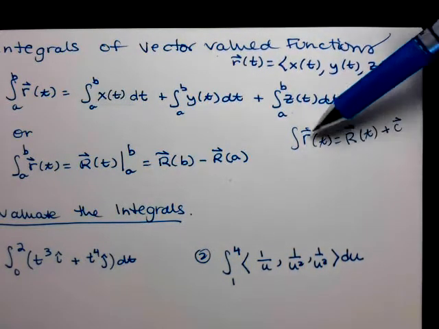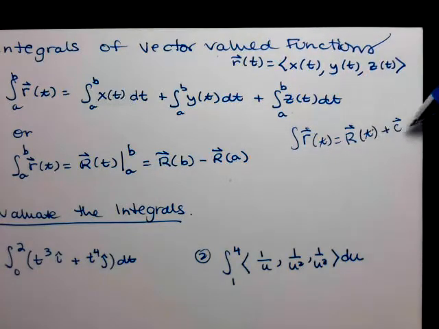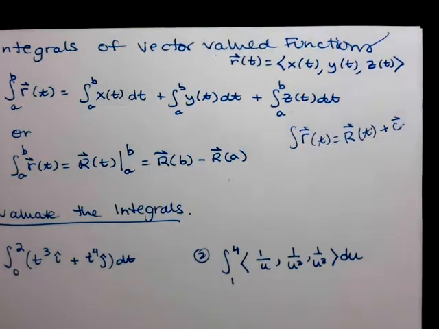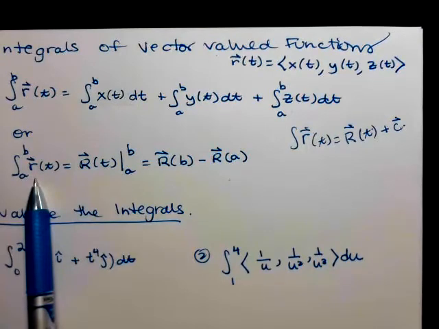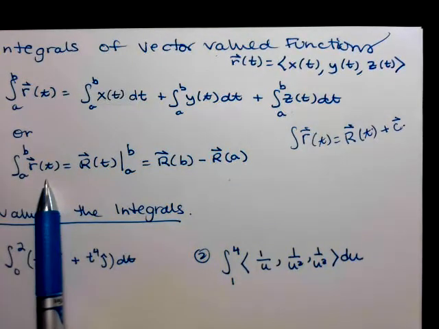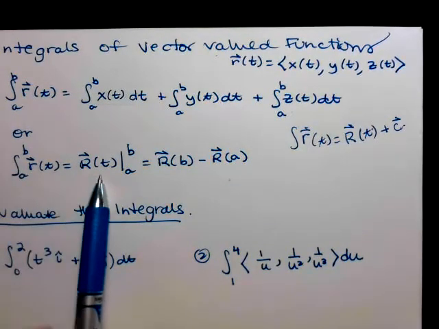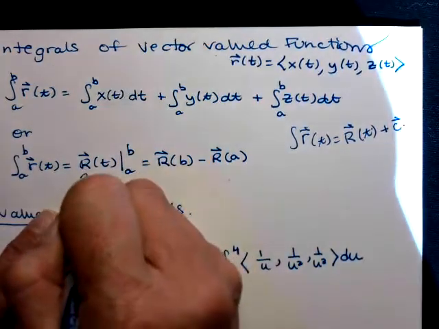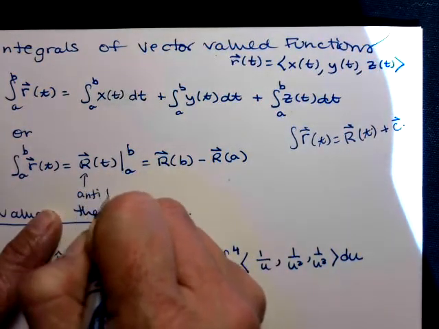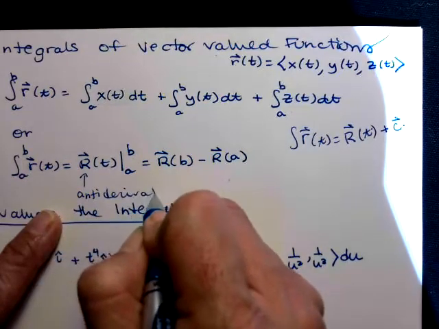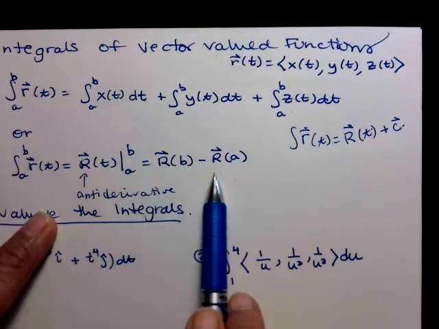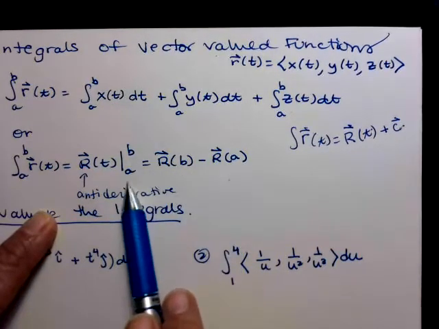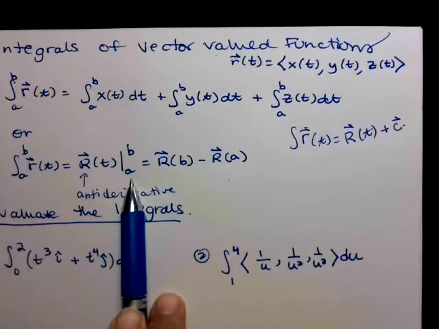Well, since when we integrate a vector function, we get a vector function, the constant we add will be a constant vector function. Okay, and then looking at our second line here, the integral of r of t from a to b is equal to that capital R, the antiderivative, component-wise, and then we evaluate it at the top limit, the antiderivative at the top limit minus the value of the antiderivative at the lower limit.